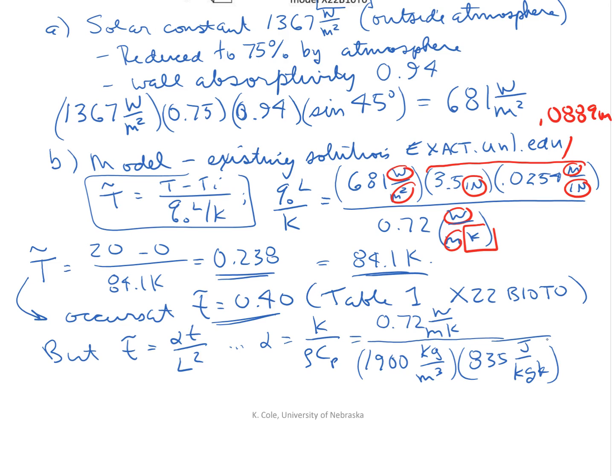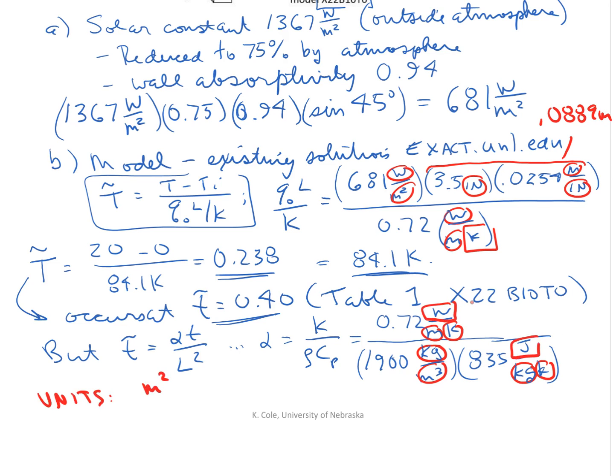Let's look at the units for a moment. The Kelvins go out, kilograms go out, meters and meters cubed combine to be meters squared. We get a meter squared, and then a watt divided by a joule.